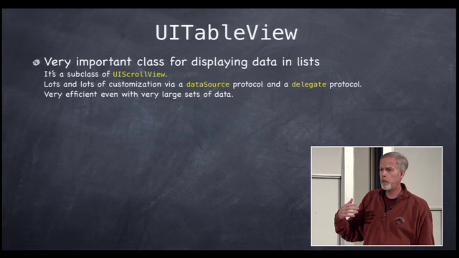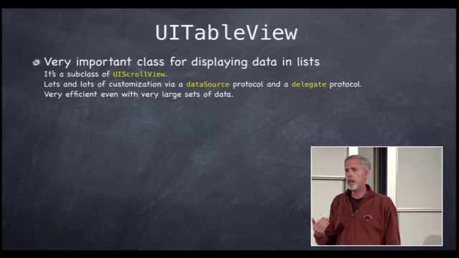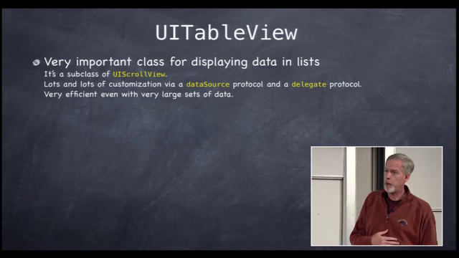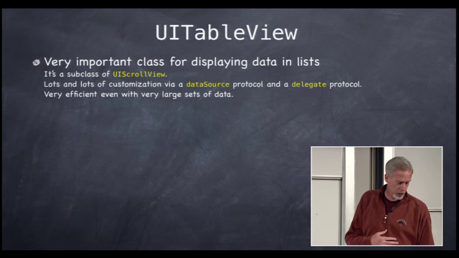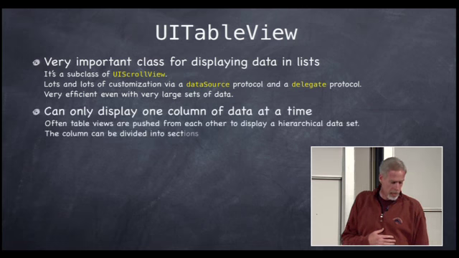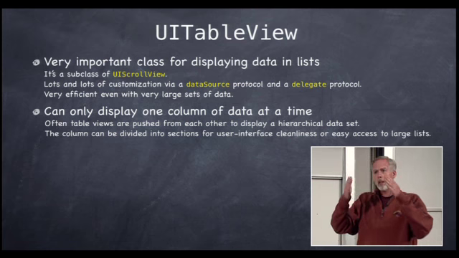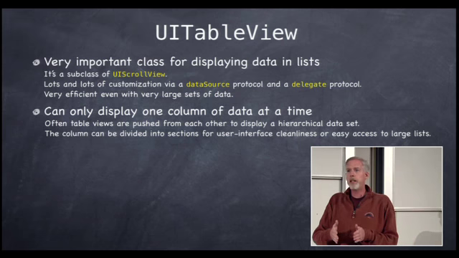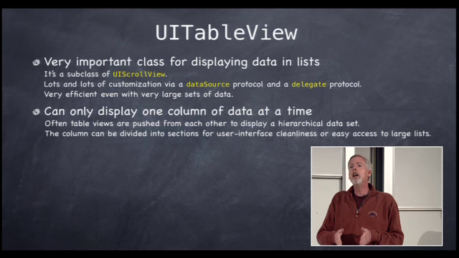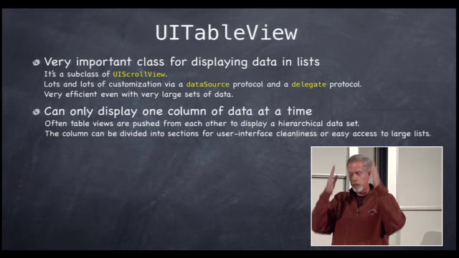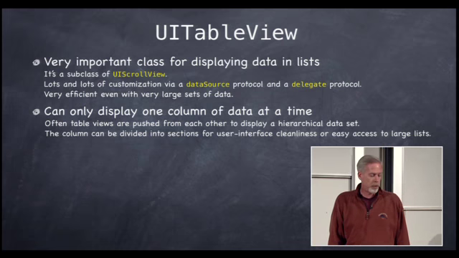The table view is very efficient for very large data sets, tens of thousands of items, and we'll talk about how it implements that efficiency. The table view, though, might seem kind of limited because it can only display one column of information at a time. All right, it's a scrollable thing, but it's not like a spreadsheet. You're not going to multiple columns and rows. It's just one column of lots and lots of rows.